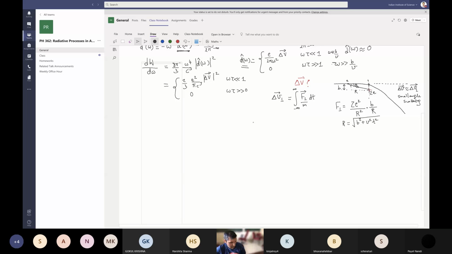So what is delta V perp? Let's forget about the vector sign, because we know that this will be in this direction. So delta V perp equals Ze squared by M. This M is of course the electron mass, because the electron is doing all the moving. The proton is so massive that we can consider it at rest.